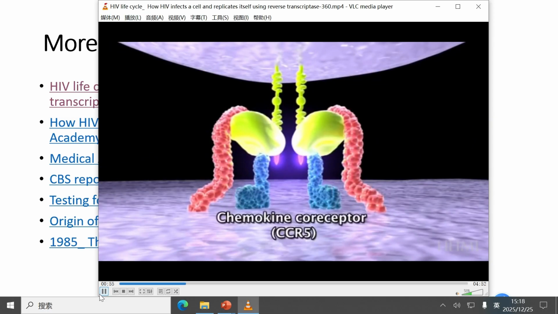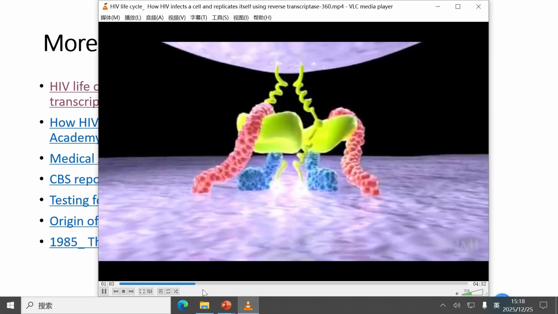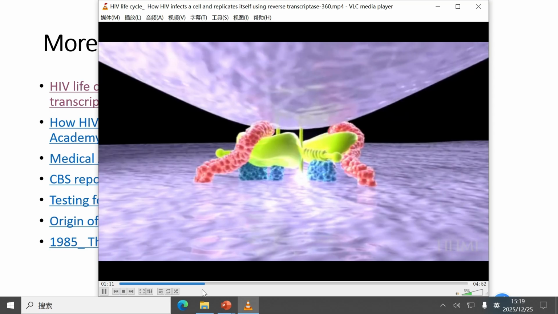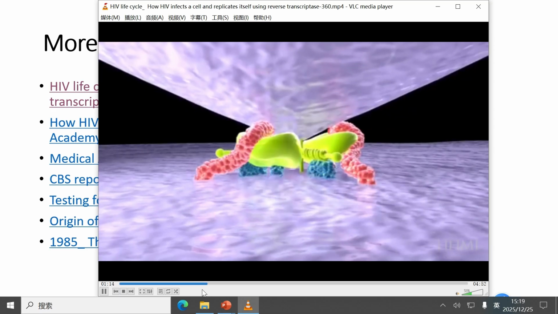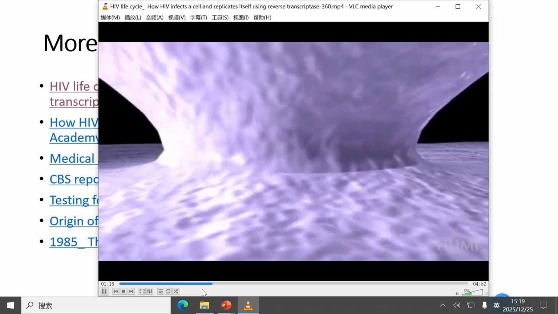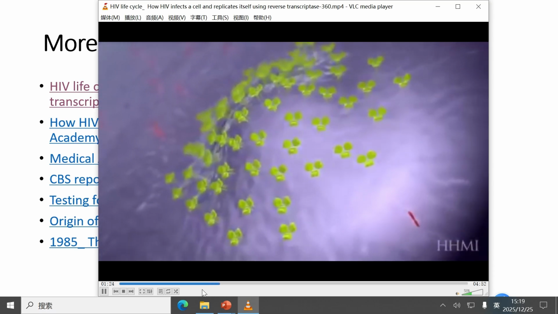It's also called CCR5, and we'll talk about that more. What happens now is that the stalk of the envelope protein pierces through from the virus into the host cell and starts to draw the cell membrane and the viral membrane together. And what ultimately happens is fusion of those 2 membranes, and the viral genetic material is injected essentially into the cell, and the envelope protein is left at the cell surface.